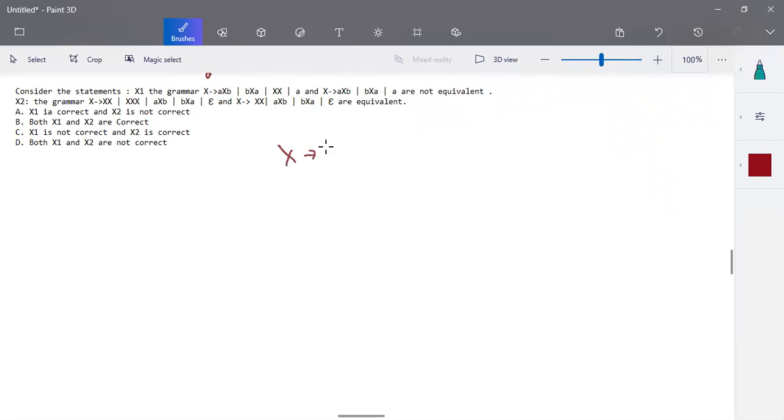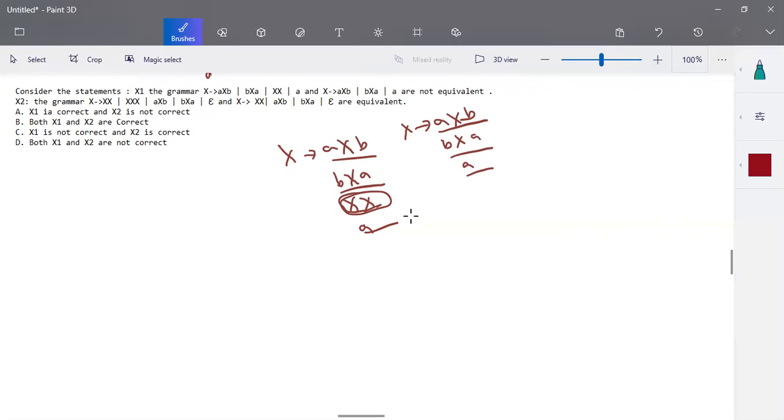statements. So one is X tends to AXB, BXA, XXA. So this is the first grammar, and the second grammar given is X tends to AXB, BXA and A. So these three are same. So we have to check whether this portion that is included here has any effect on the result or not.